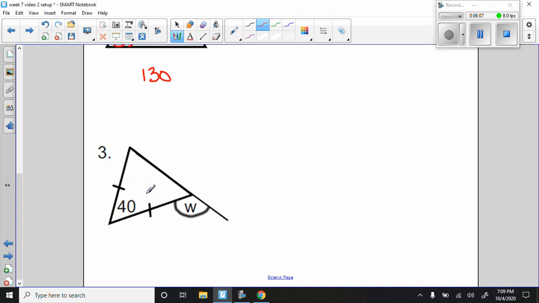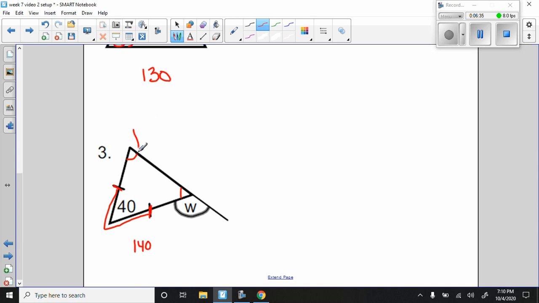Same thing, but we're kind of working inside out now, and I just twisted the triangle a little bit. Here's how we start: I do want to know that that's my vertical angle. So that means these two are equal to each other. So how can I find my two equal base angles? There is 140 left inside the triangle.